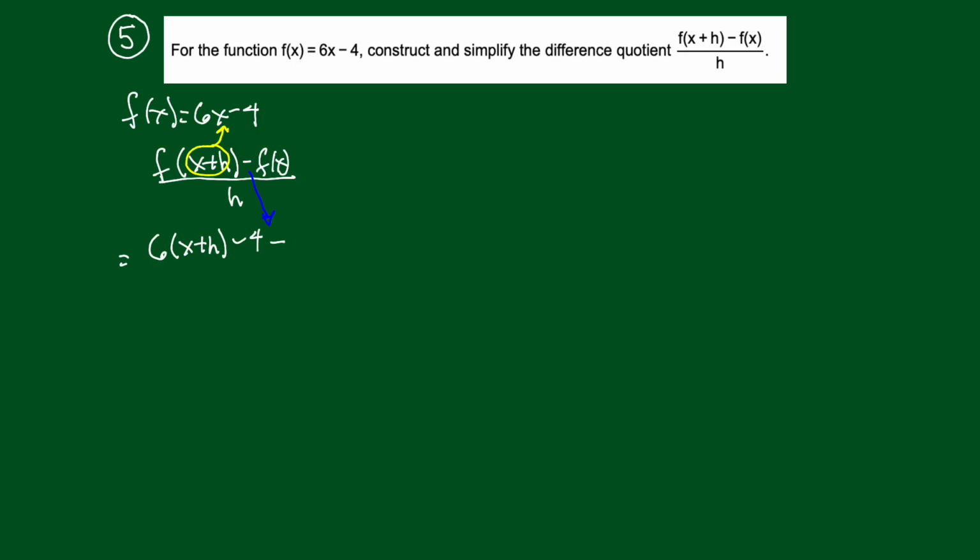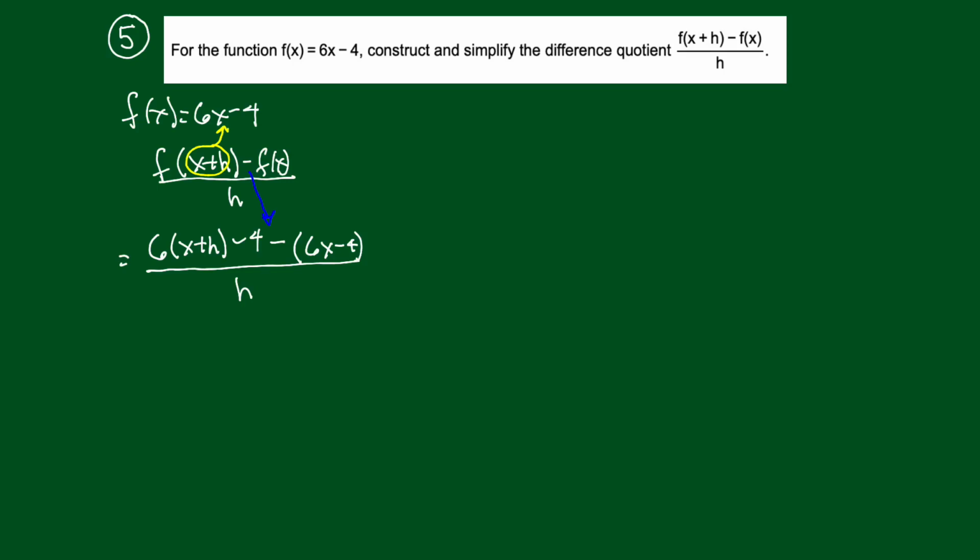Minus what? Well, minus f of x itself. Now here's f of x, right? f of x is 6x minus 4. So I want to subtract it. So use parentheses to make sure you get all of it. Minus the quantity 6x minus 4. And then divide the whole thing by h. Now let's simplify. We'll use the distributive property.